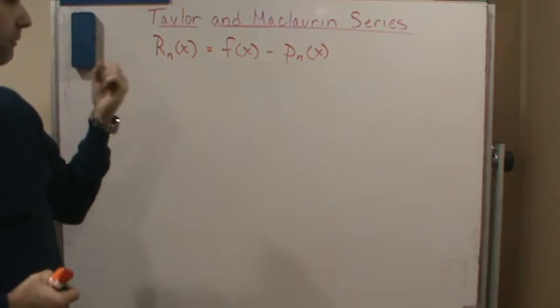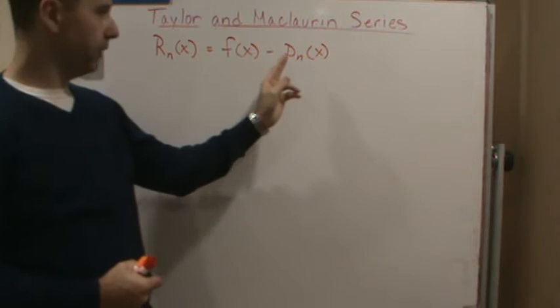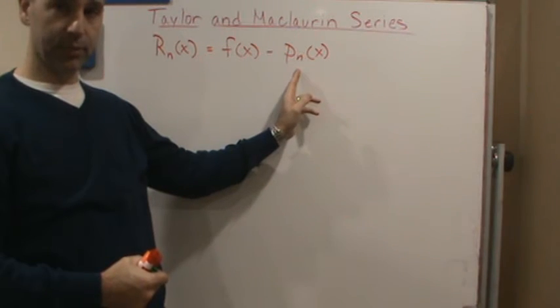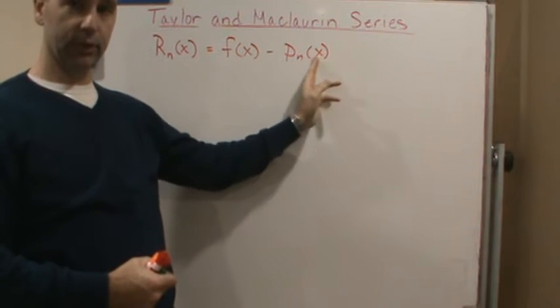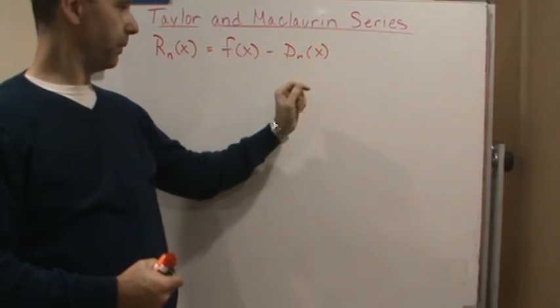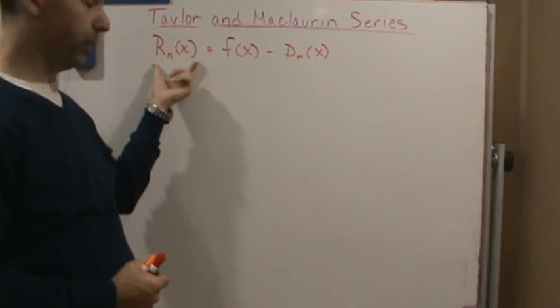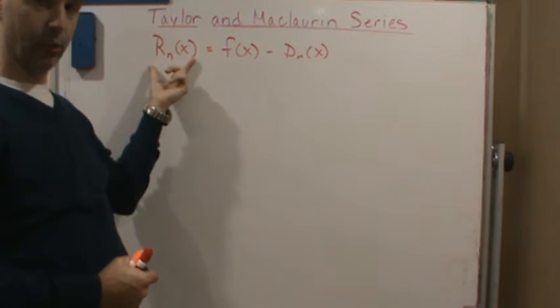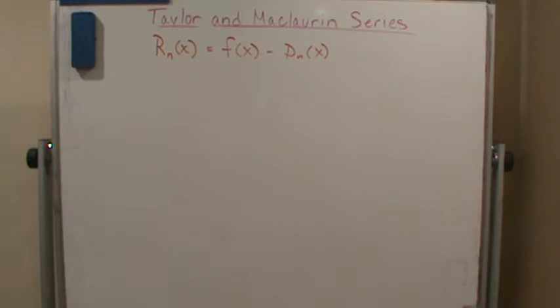And so if the sequence of partial sums, in other words, the nth Taylor polynomials, converges to f of x, then all we would need to show is that the remainder converges to 0.